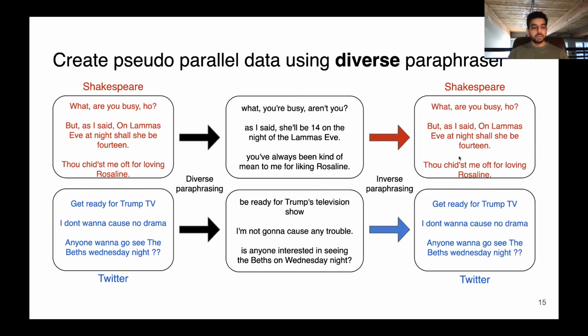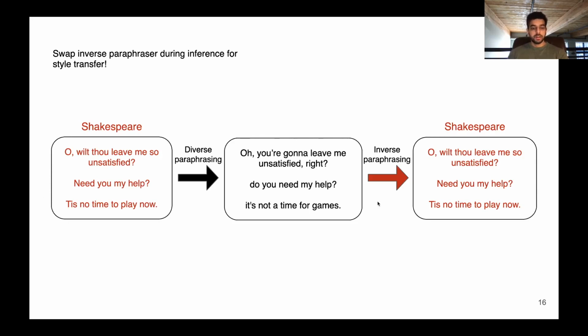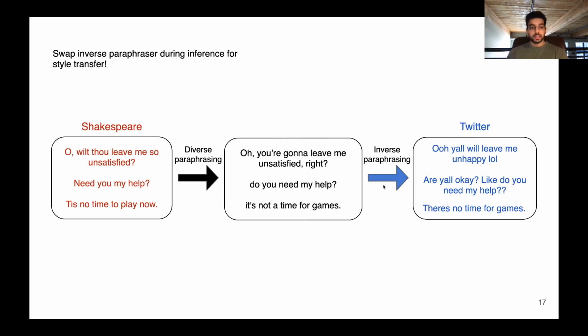So how do we actually use this process to go from Shakespeare to something like Twitter? This is what happens at test time, during inference time. This is what I have during training time. And at test time, I'm going to swap out the inverse paraphraser that I've trained on Shakespeare for an inverse paraphraser that I've trained on a different style. So let's say I swap it out for one trained on Twitter.